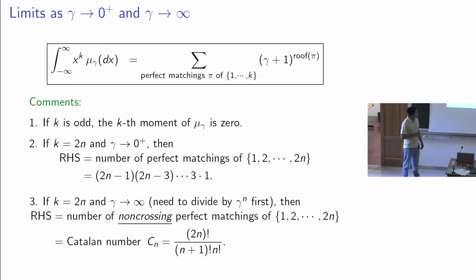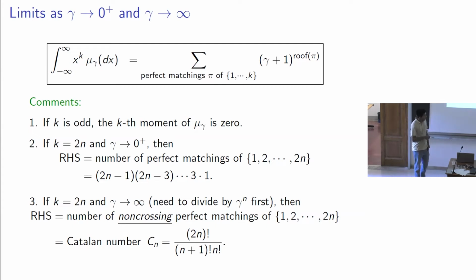So that corresponds to non-crossing perfect matchings, okay? So the only terms that survive in the limit as gamma goes to infinity are the ones corresponding to non-crossing perfect matchings, and those are given by the Catalan numbers, okay? Which are the moments of the semicircle distribution as well. So this formula is nice, and it degenerates to classical results when gamma is 0 and gamma is infinity.